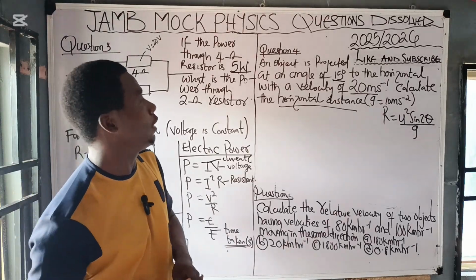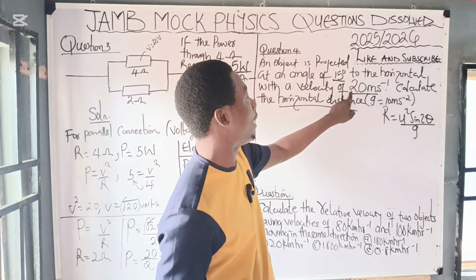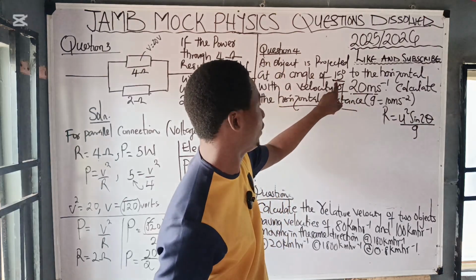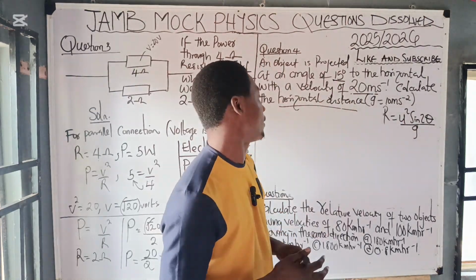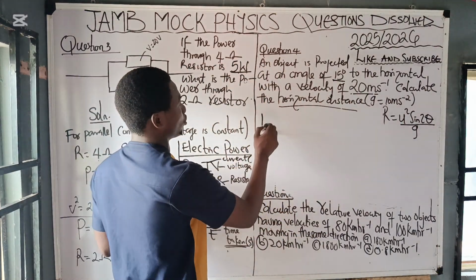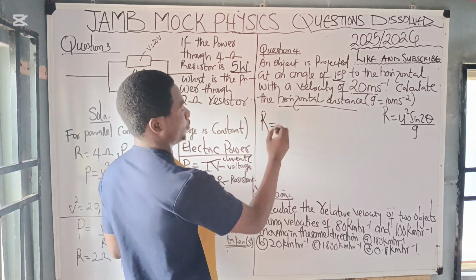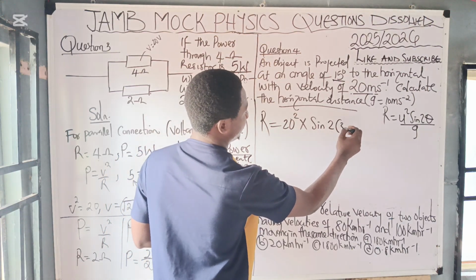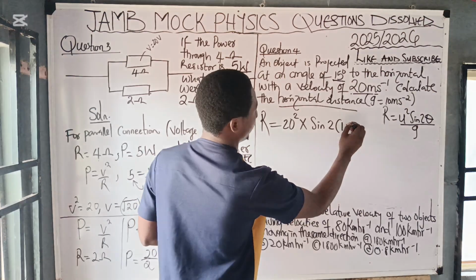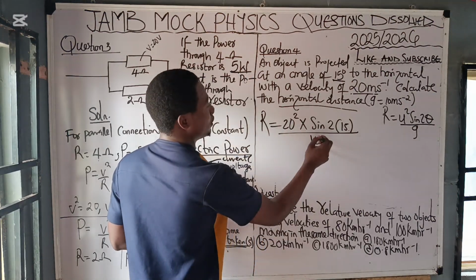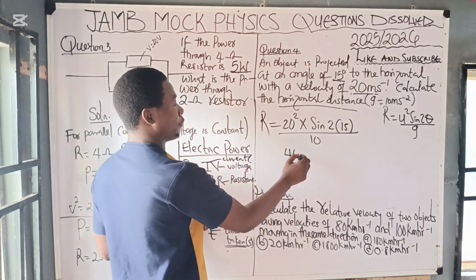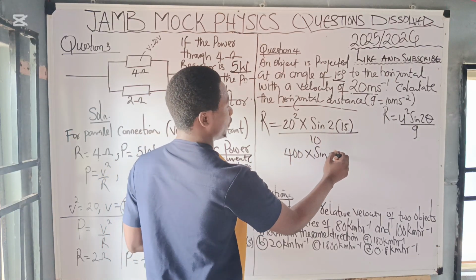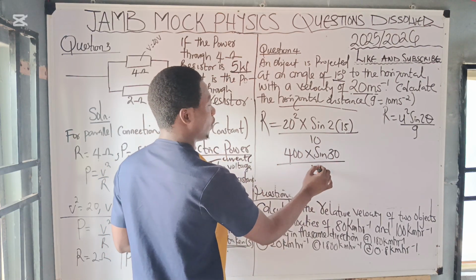So don't forget that your velocity is 20 meter per second. Your angle is 15 degrees. G is 10 meter per second. So let's do direct substitution. So R is equals to 20 square times sine 2 bracket 15 all over 10. 20 square will give us 400 times sine 2 times 15, 30 degrees over 10.